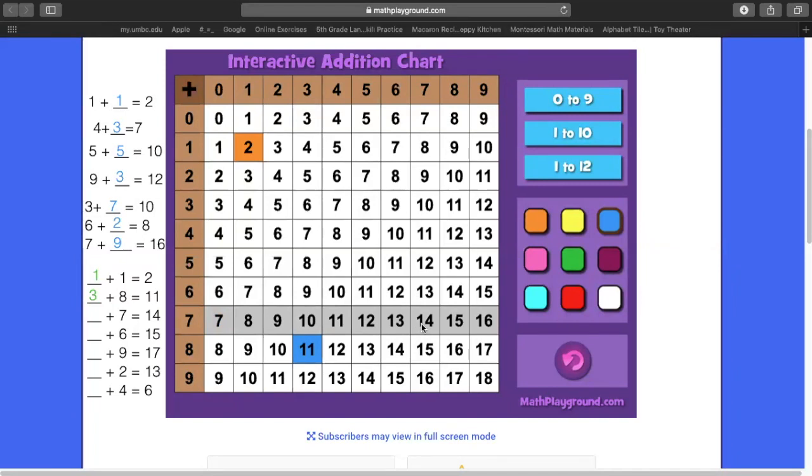Stop. So now let's crawl our fingers up to the top and see what number we matched with. What number did we match with, Caroline? 7. So does that mean that 7 plus 7 equals 14? Let's write that down on our papers. Thank you for your help, Caroline.